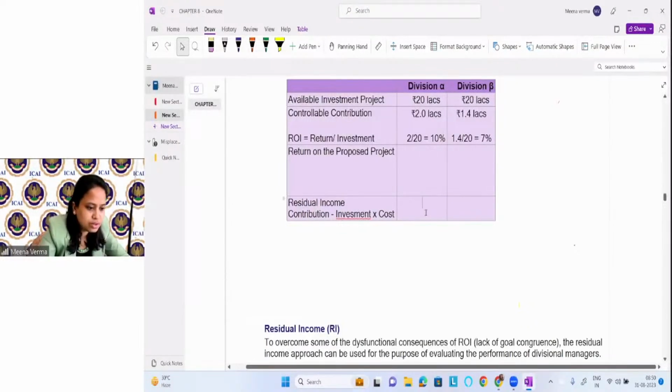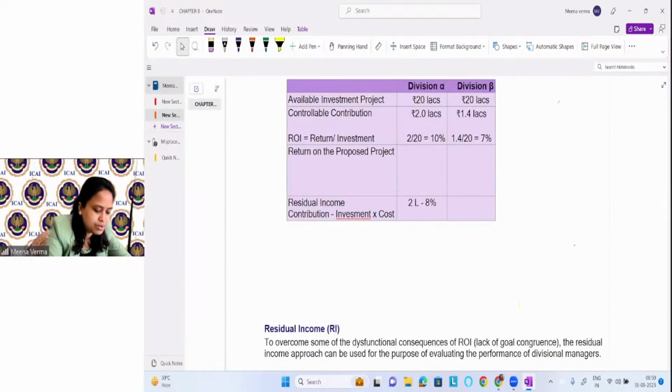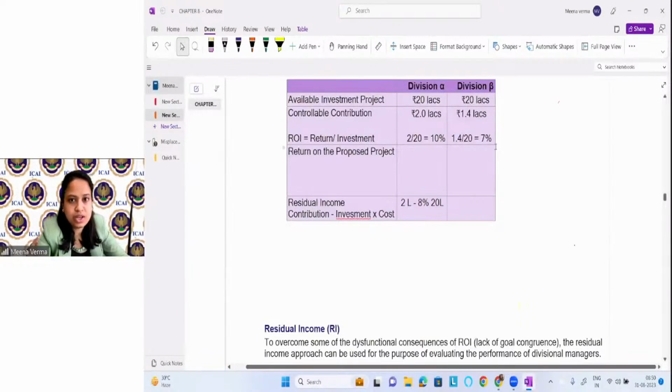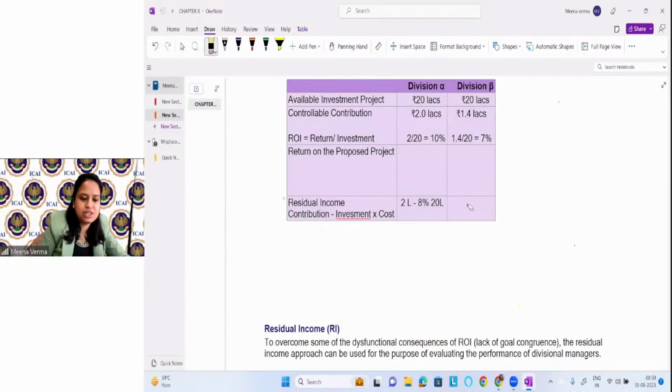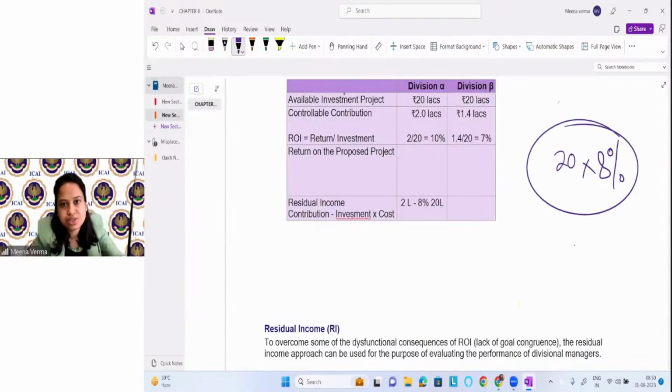So the return is 2 lakh minus 8% cost of capital on 20 lakh. This is what the company is expected to earn, right? The minimum expectation is on the 20 lakh investment, 8% is the cost of capital. The company wants to earn at least this, obviously more than this, but at least this.